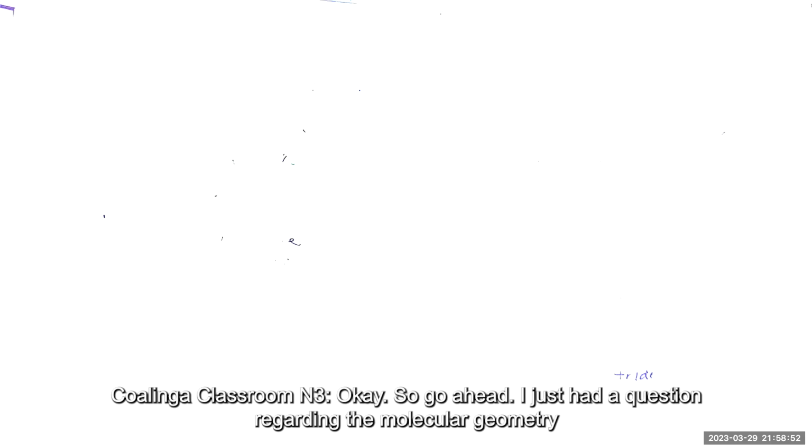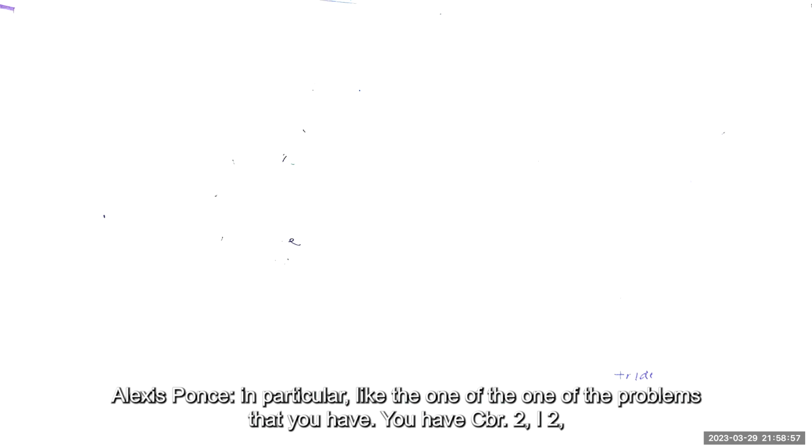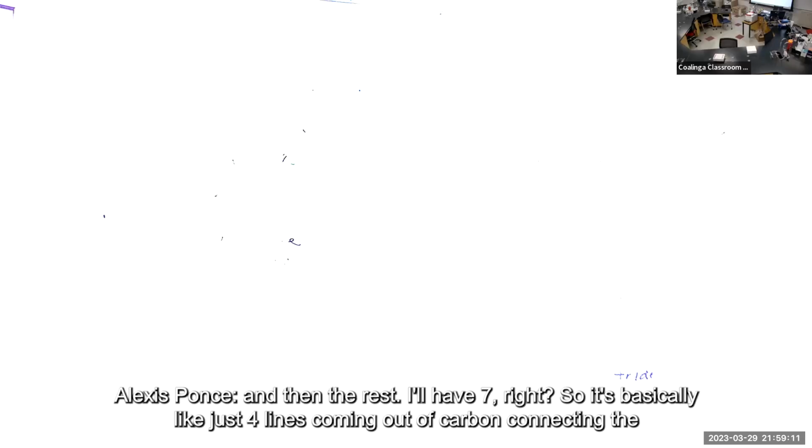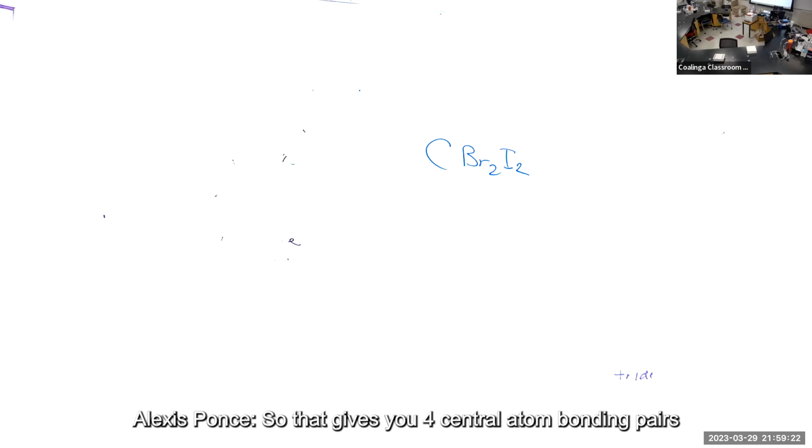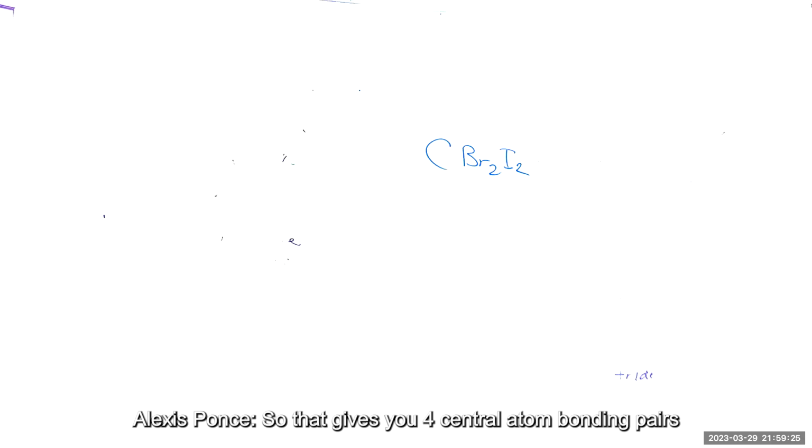I just had a question regarding molecular geometry. In particular, one of the problems you have, CBr2I2. We drew out the diagram where C is in the middle and the rest are around it, so it's just four lines coming out of carbon connecting the two I's and the two Br's. That gives you four central atom bonding pairs and zero lone pairs.